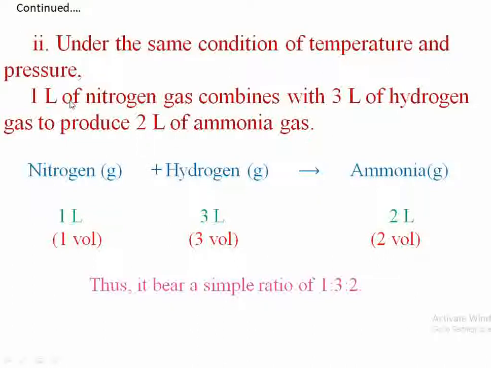According to this example, 1 liter of nitrogen combines with 3 liters of hydrogen to form 2 liters of ammonia. In terms of volumes, this reaction is represented as 1 volume of nitrogen, 3 volumes of hydrogen, and 2 volumes of ammonia formed.